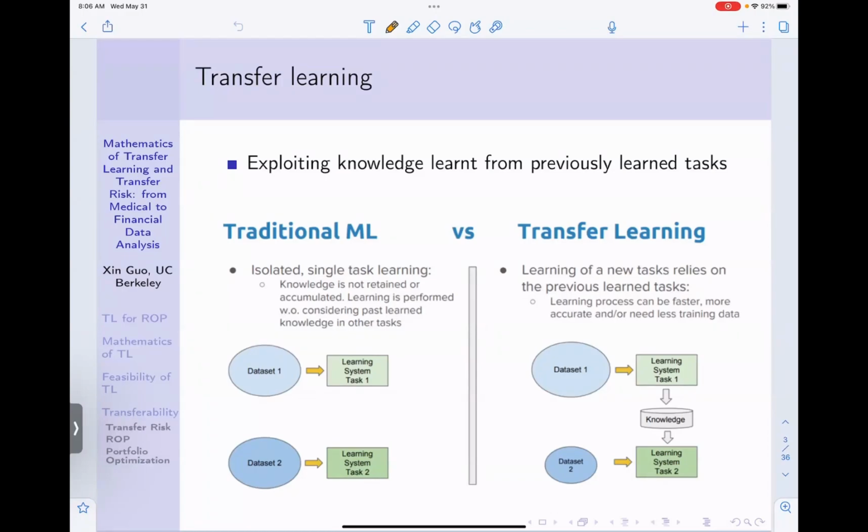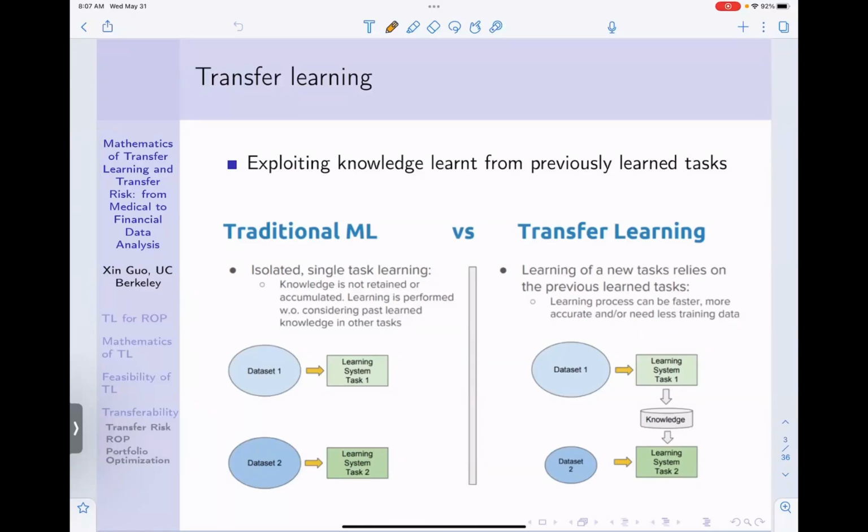In comparison to traditional machine learning, where you have an isolated single task, you just come up with a criterion by which you are going to learn the system. Then you have the database, you run the system, you use a neural network or whatever tools you have at hand, and you get to the solution. So the tasks are isolated.